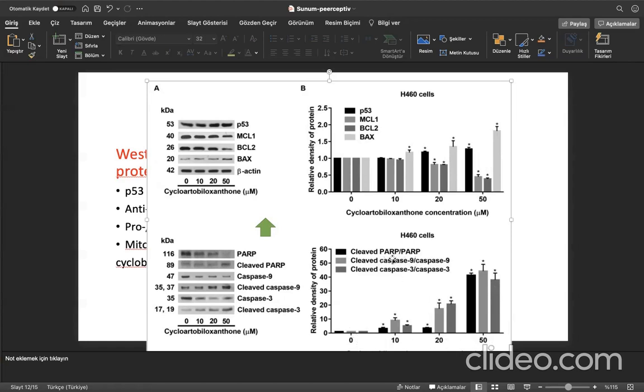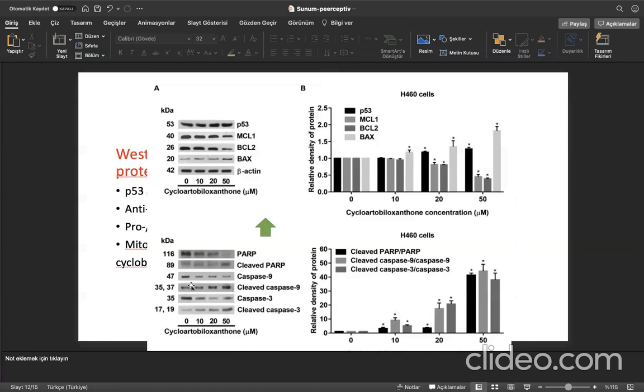Cleaved caspase-3 is the active form, and it is a downstream regulator of apoptosis, which initiates the apoptotic path. You can see the Western blot results from here and from here. And beta-actin was the control. As you can see, BAX was increased and BCL2 was decreased.